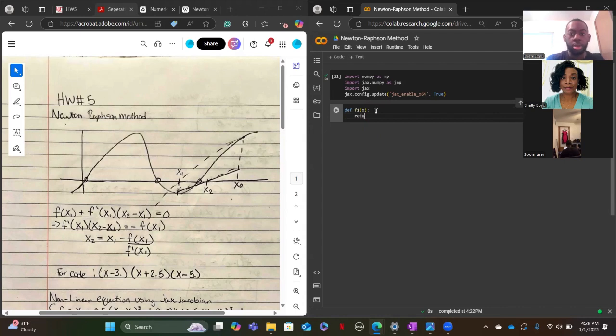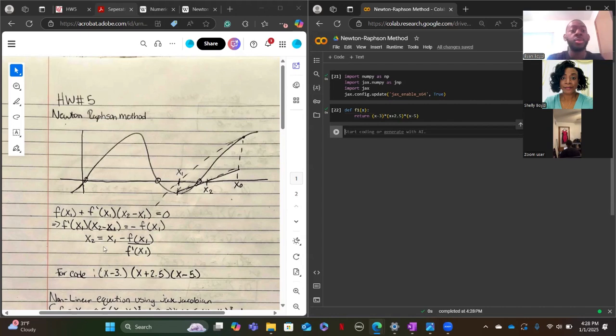Then we'll return, and we'll just write this equation out now: x minus 3 times x plus 2.5 times x minus 5. Okay. This is our first function we are defining, which is literally just this sample equation.